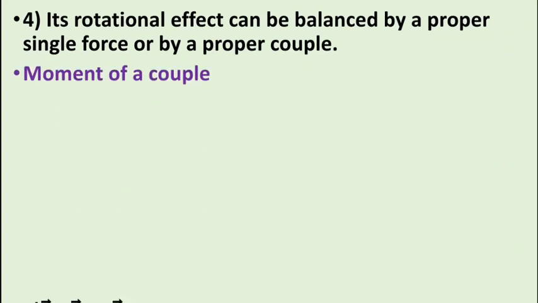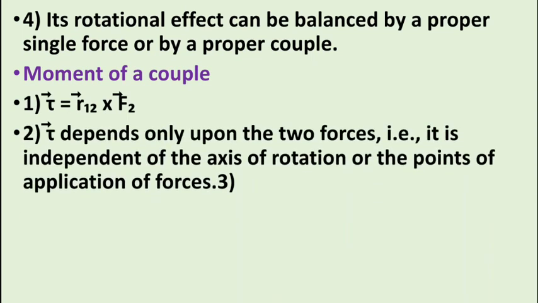Next, moment of couple. First, vector τ is equal to vector r12 cross vector F2. Second, vector τ depends upon the two forces, that is, it is independent of the axis of rotation or the points of application of forces.